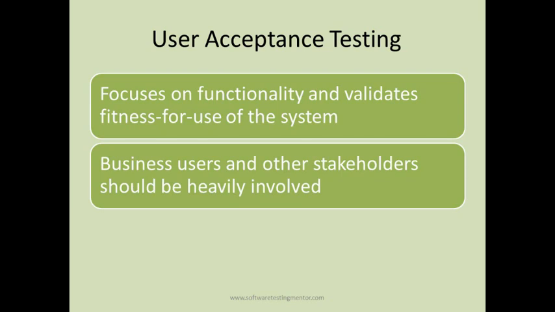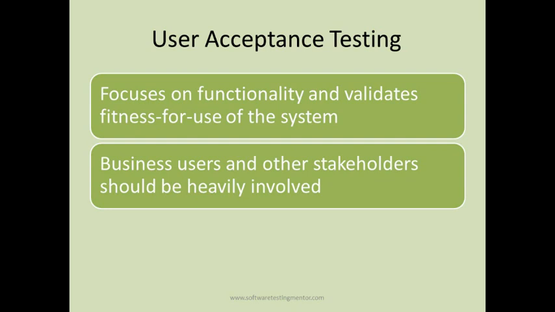So business users who will actually be using the software or the functionality being delivered should be heavily involved, because it is those users who will be using it. Once they use it and find that the functionality fulfills their requirement, that will gain more confidence in the system.